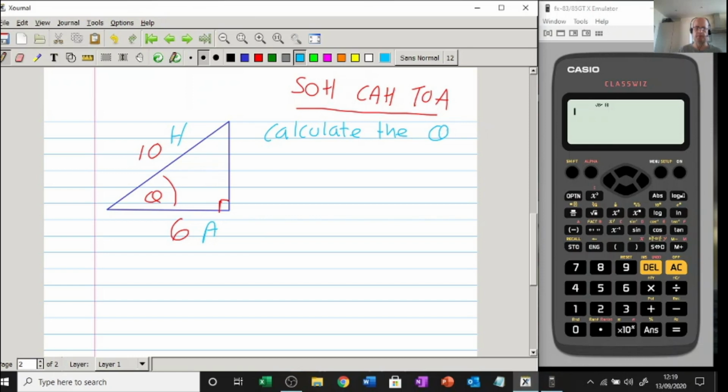So I know A and I know H. I don't know the opposite, so I can't use these. So cos of the angle is going to be the adjacent over hypotenuse, A over H. So cos of the angle is A is 6 and H is 10.